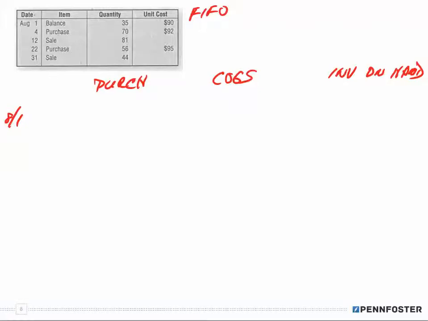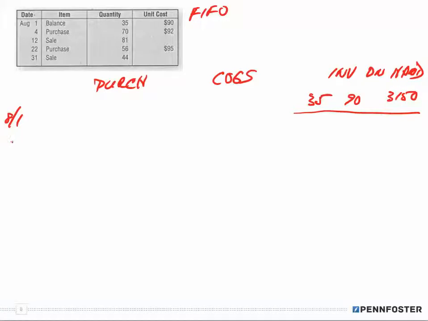All right, so I start out with a balance of 35, and the unit cost is 90, so 35 times 90 is $3,150. That's my inventory on hand as of 8/1.